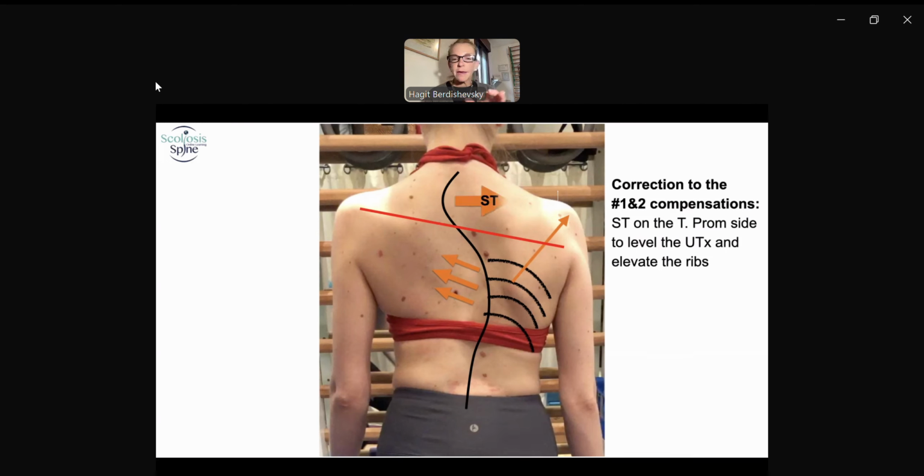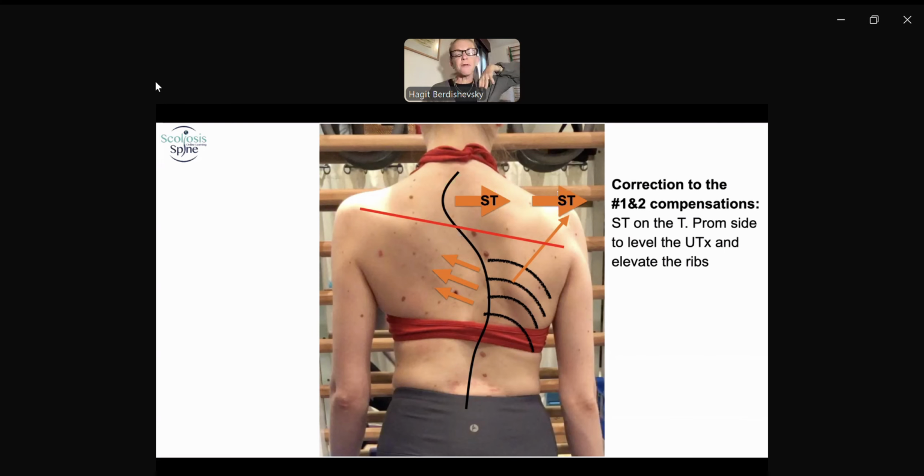If you add a shoulder traction on the right side, and if you do it yourself too, the shoulder traction, first of all, while we are lifting the arm up on the right side, just by lifting the arm up, you are elevating the ribs.